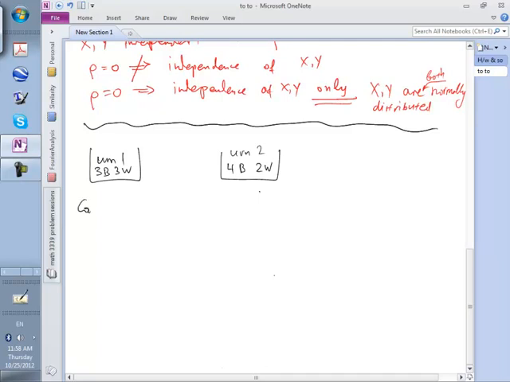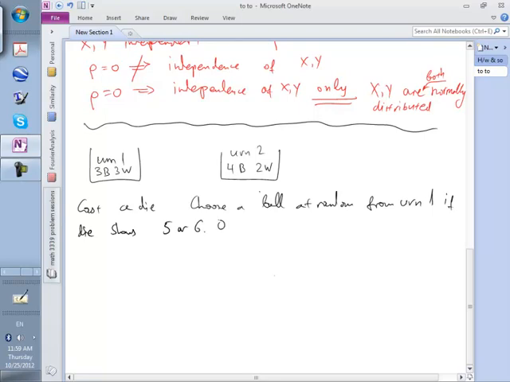Now we cast a 6-side die, and the rule is choose a ball at random from urn 1 if the die shows 5 or 6. Otherwise, choose a ball, again, of course, at random from urn 2.